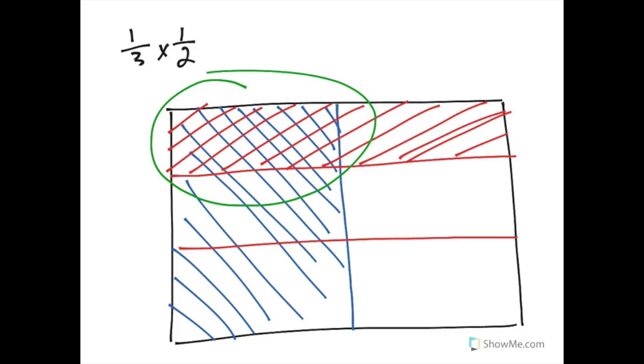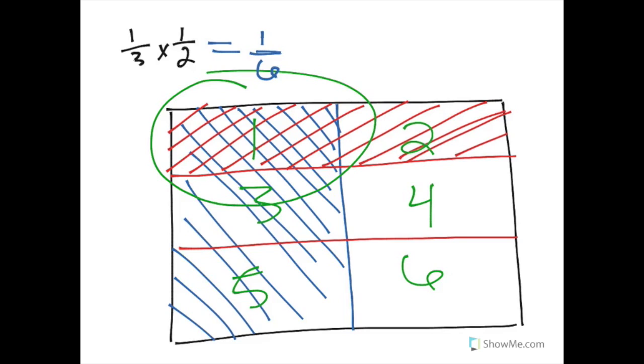Well, let's figure out what fraction matches this. This is going to be equal to, well, we have one piece that's shaded, and the total number of pieces would be 1, 2, 3, 4, 5, 6.